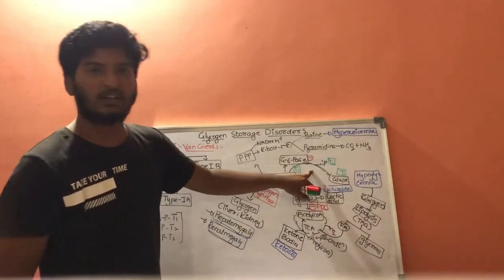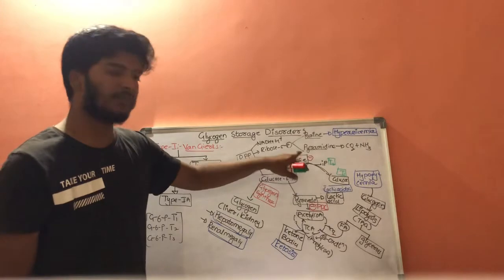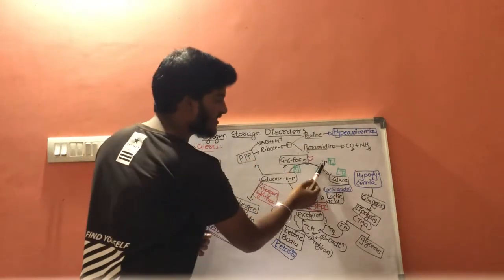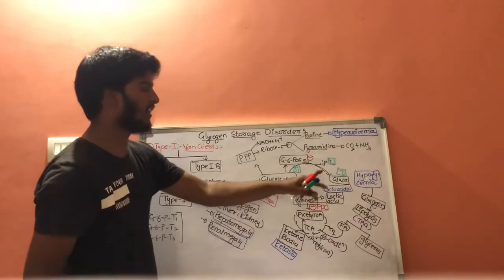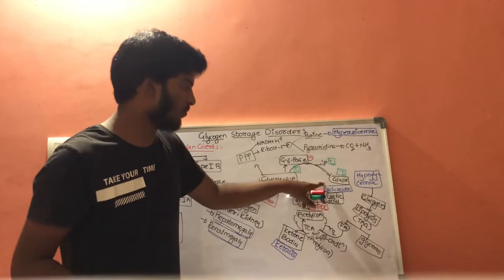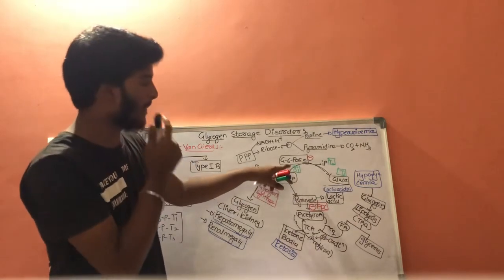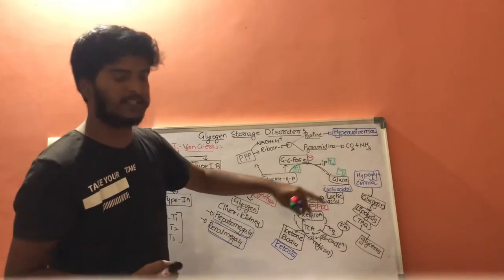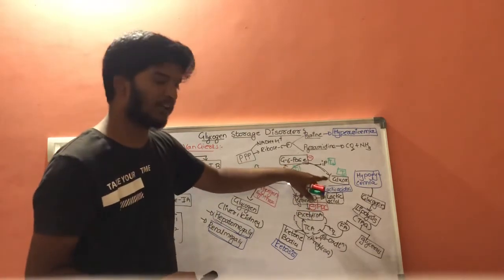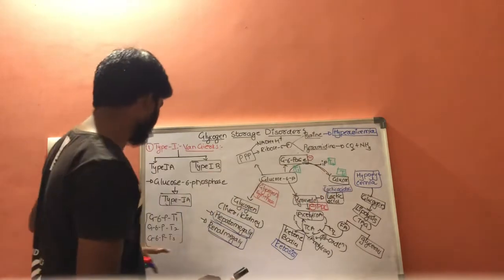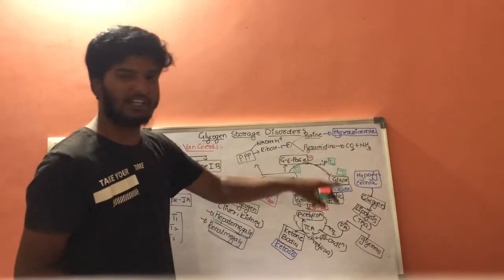This inorganic phosphate which is produced in the endoplasmic reticulum should be moved into the cytoplasm. It is done by glucose 6-phosphate transporter 2, and after glucose 6-phosphate is converted into glucose in the endoplasmic reticulum, from the endoplasmic reticulum glucose should come into the cytoplasm. So glucose is transported into the cytoplasm with the help of glucose 6-phosphate transporter 3.